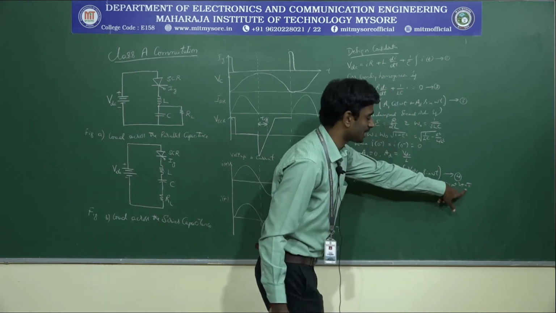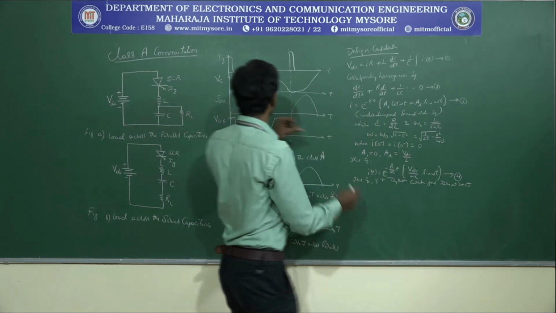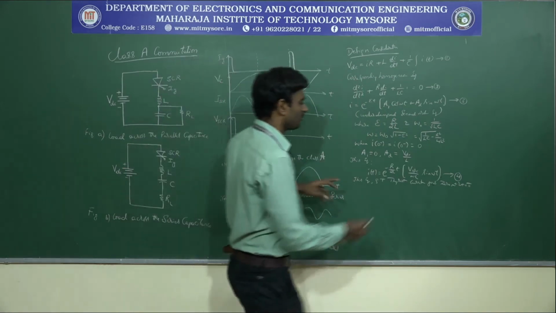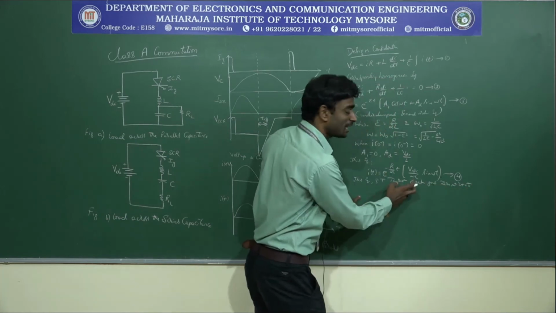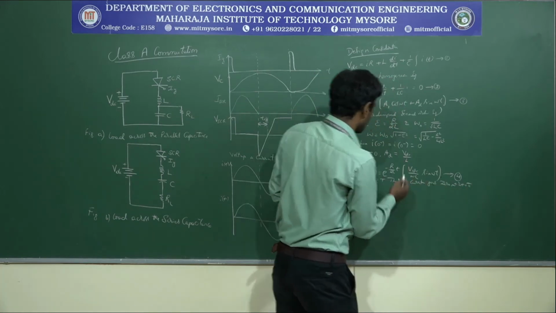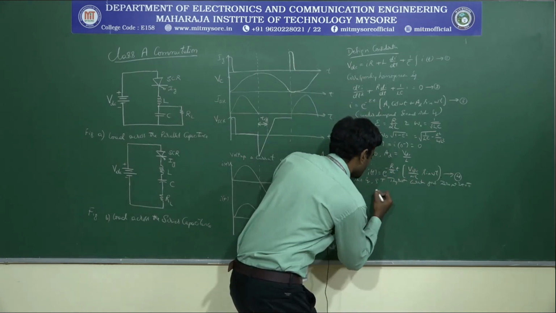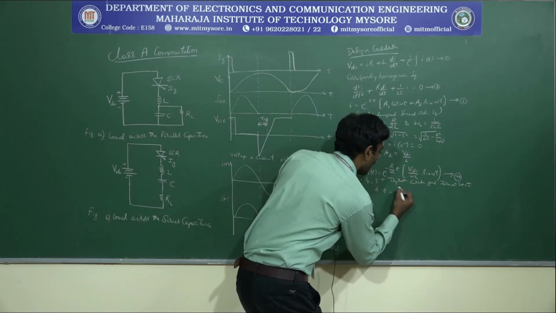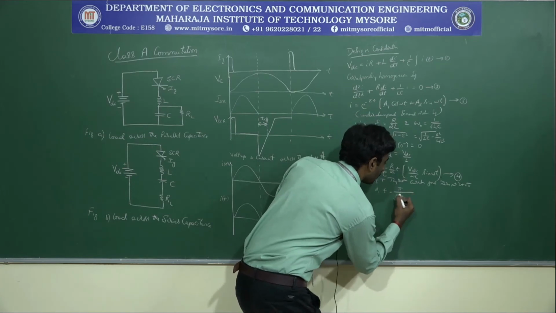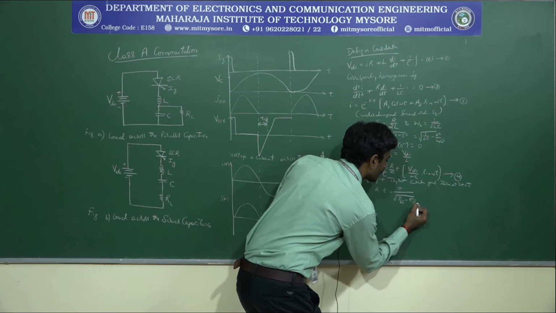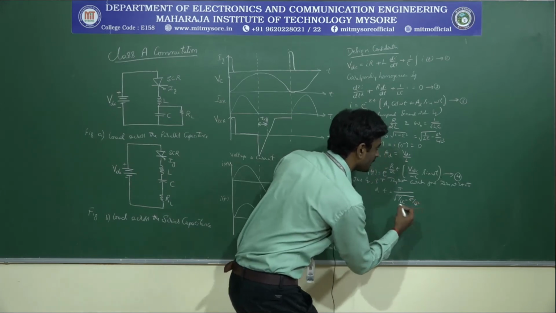This will be 0, this will be pi by 2, and this will be the pi value. When the current reaches pi, it moves to the 0 value. That means the thyristor will move to the off condition. At that condition, T will be equal to pi divided by root of 1 divided by LC minus R square by 4L square. This will measure the time.